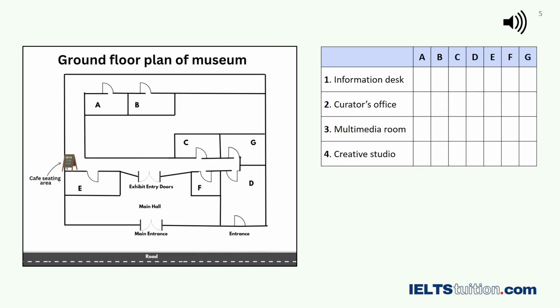It's the second room along that corridor and is equipped with state-of-the-art equipment. The creative studio is through the double doors, turn left, and it's the first room on the left-hand side. Lastly, we'll move on to the cafe seating area shortly, where you can relax and enjoy some refreshments.